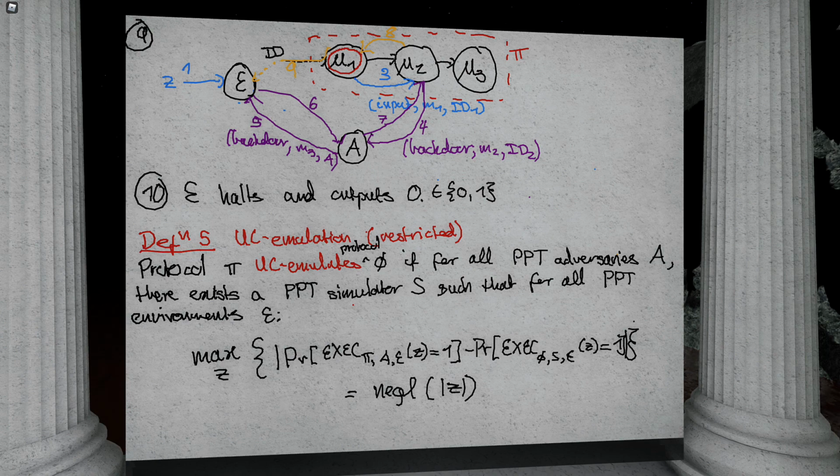We go back to this distinction game, right? If the environment cannot tell the difference between the two worlds, in other words, it only outputs a different value with negligible probability, we say that the system emulates the target, and that is how we're going to phrase our guarantees.